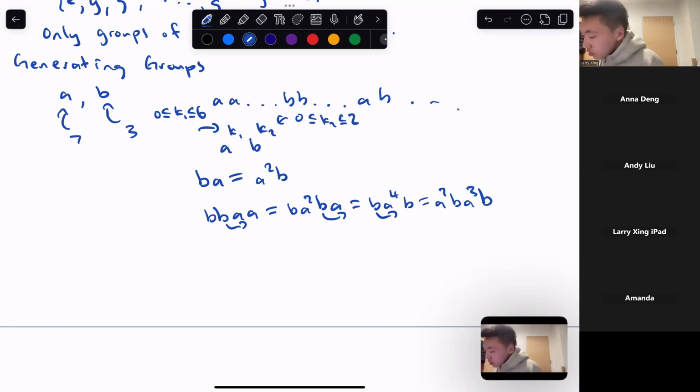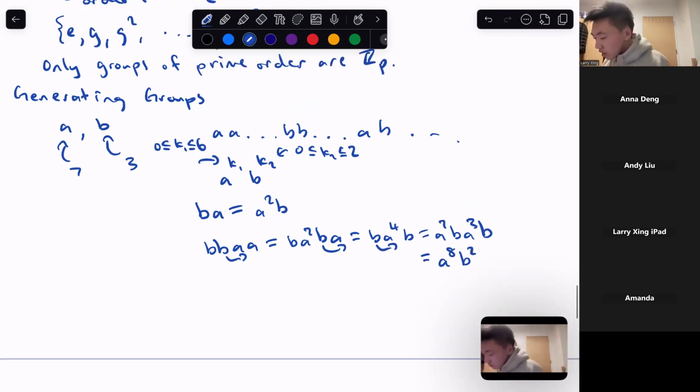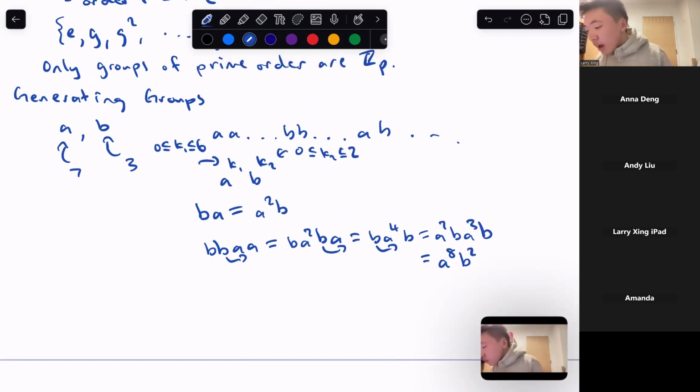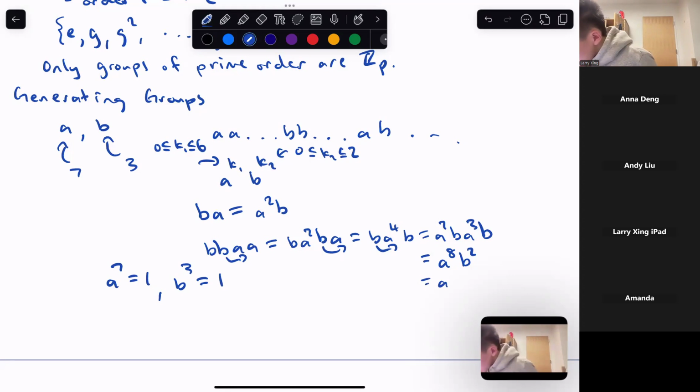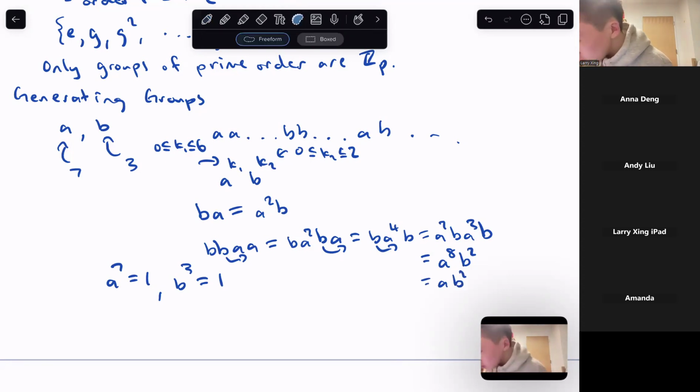And then we can repeat this process until we get something that is a to the 8 b squared. And once we have all the a's before all the b's, now since we know that a to the 7 equals the identity and b to the 3 is the identity, now what we can do is reduce this into a b squared, which is one of our canonical elements of the group.